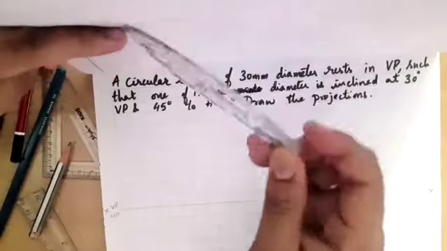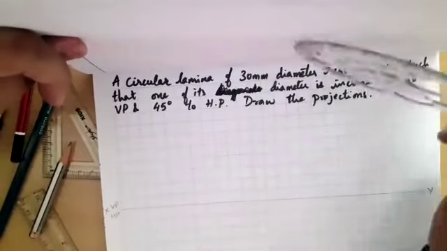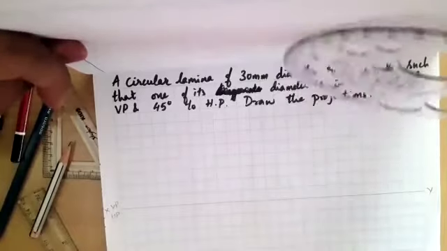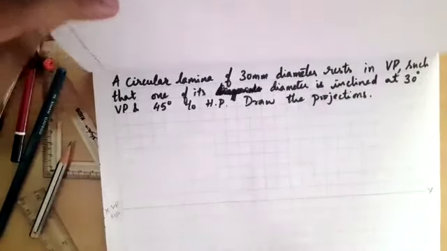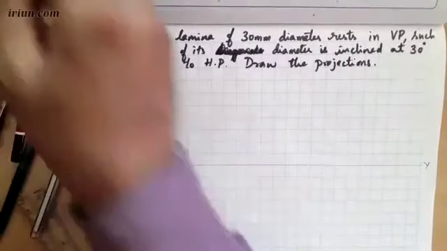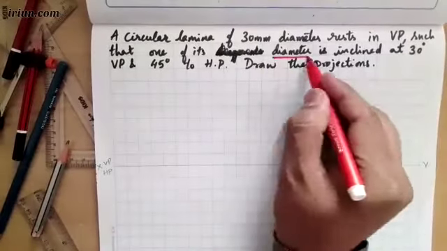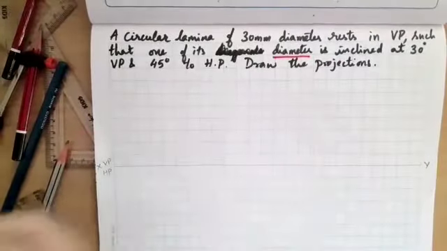And the same diameter represented here is inclined to HP also in such a fashion. So when it is inclined to VP and inclined to HP, obviously one element, that is a diameter, is inclined to HP and VP.